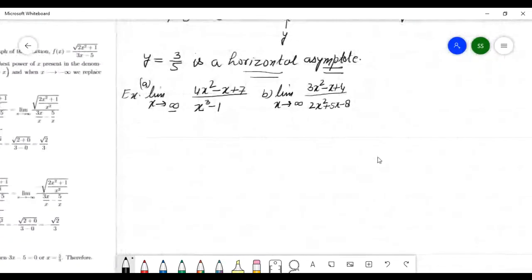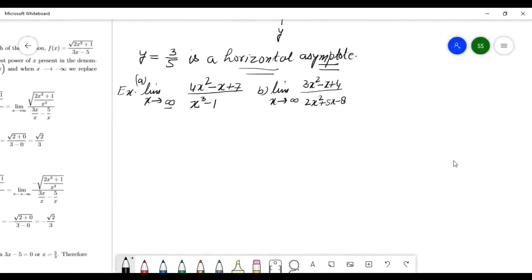One method I explained to you. Now see the quick method. What is the quick method here? Limit as x goes to infinity of 4x square minus x plus 7 over x power 3 minus 1.